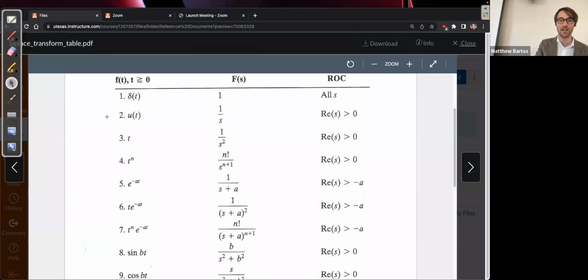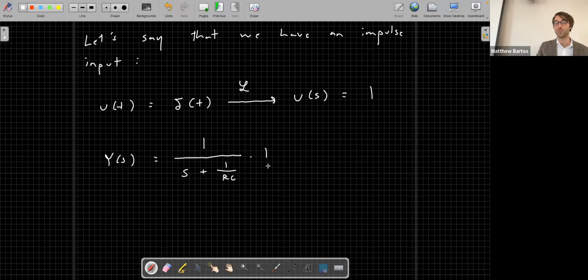So here we have 1 over (s plus 1 over RC), so our a is 1 over RC. Therefore, if we take the inverse Laplace transform, we get y(t) is equal to e to the negative 1 over RC times t. All right. And this is equivalent to our impulse response.